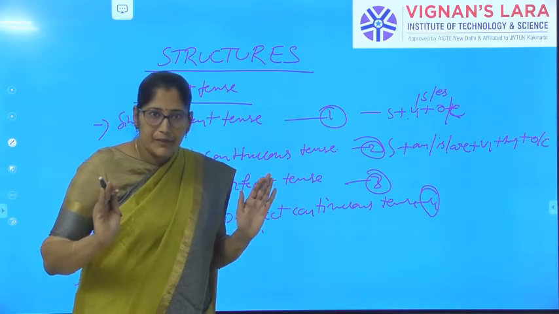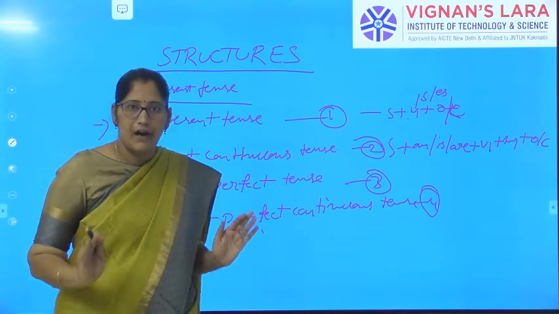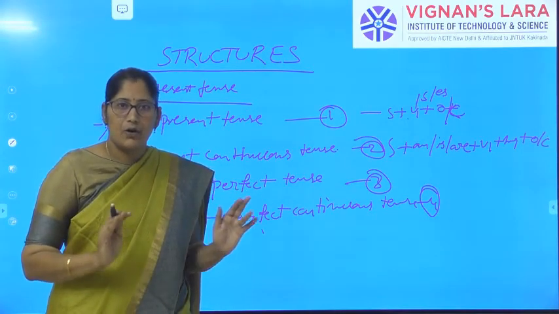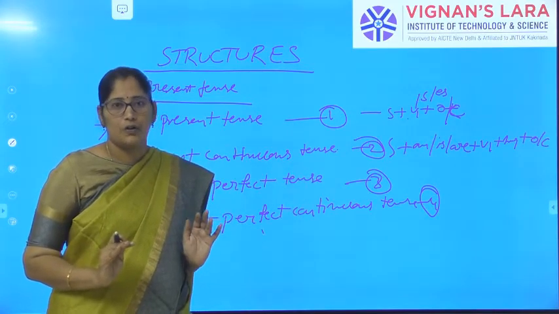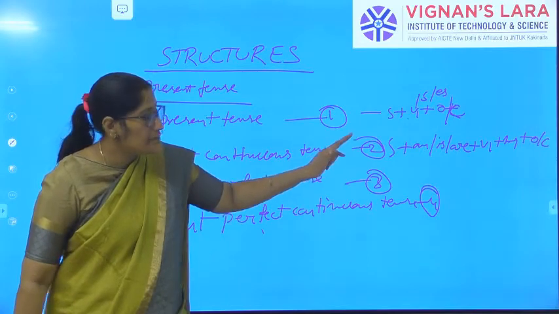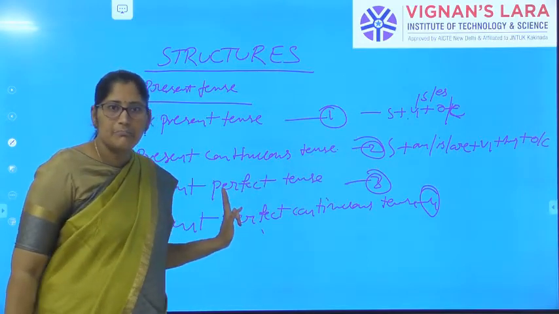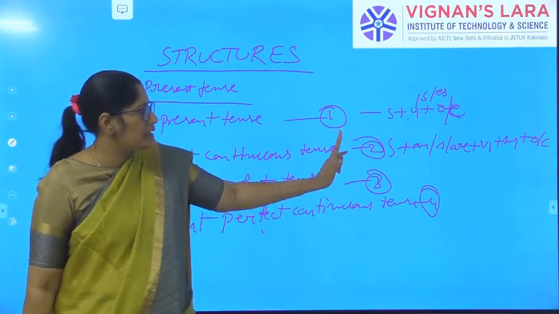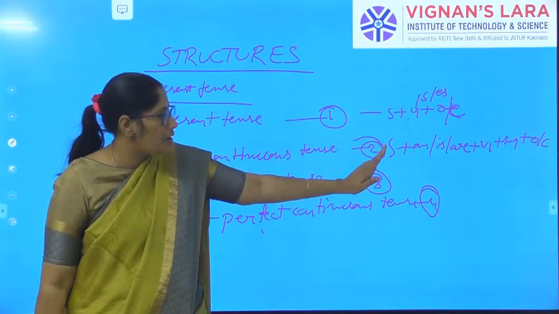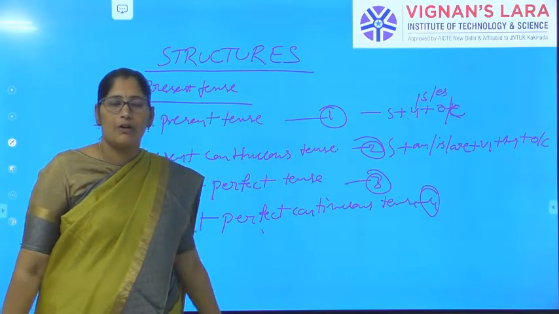So in present continuous tense, we can find subject, auxiliary verb, main verb and object or complement. As I told you, V1 plus ing we can call the progressive form of the verb. So: subject plus am, is, or are plus V1 plus ing plus object or complement.